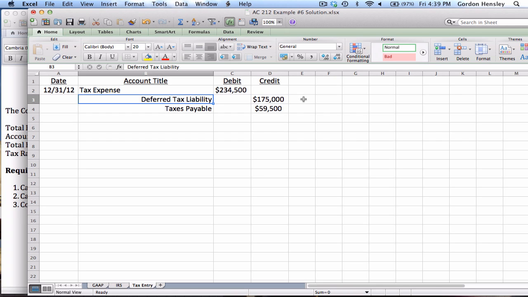The other way I can tell that it's a deferred tax liability is obviously it's on the credit side. So it has to be a liability rather than a deferred tax asset. If I ever do this and end up with a deferred tax asset, that would actually be on the debit side rather than the credit side. So that completes the journal entry, and that completes this example on accounting for income taxes.